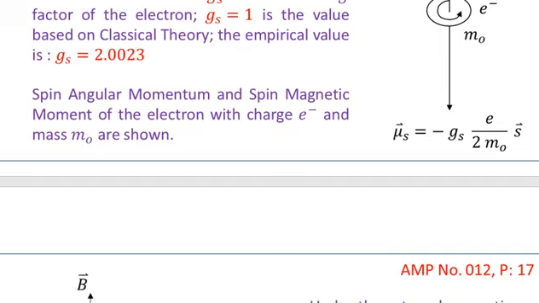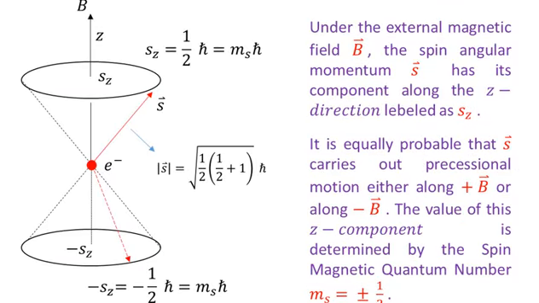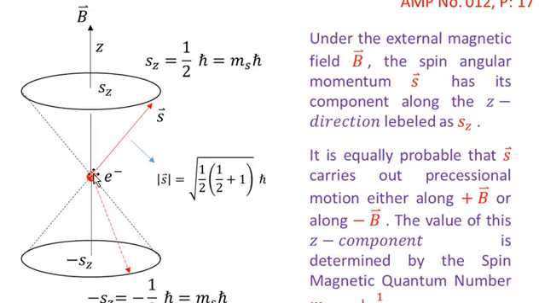So if you apply a magnetic field to the electrons, what will happen? This condition will arise as shown in the figure. This is the electron, and this is the vector S of the electron, that is, the spin angular momentum. Now under the application of the magnetic field B, which is applied in the vertical direction, which we also call the z-axis, this spin angular momentum will start its precessional motion about the magnetic field.